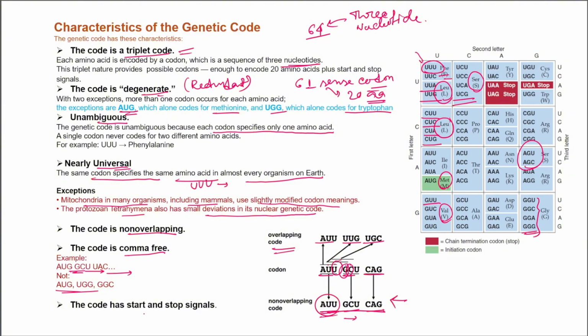Next is that the code has start and stop signals. The mRNA contains specific start and stop codons that signal the beginning and end of protein synthesis. In both prokaryotes and eukaryotes, AUG, which codes for methionine, is almost always the start codon for protein synthesis, and UAG, UAA and UGA do not specify an amino acid; these three codons are the stop codons, or chain-terminating codons.